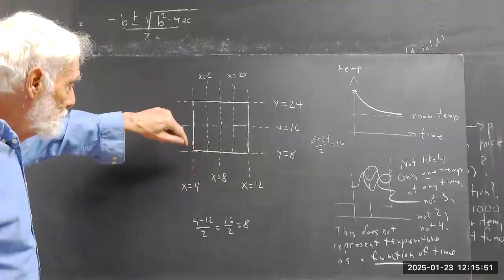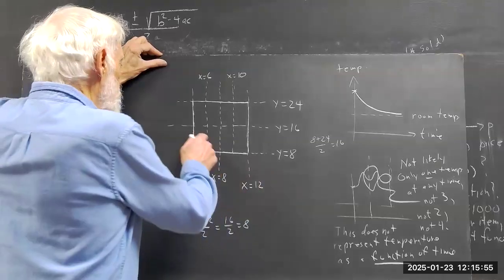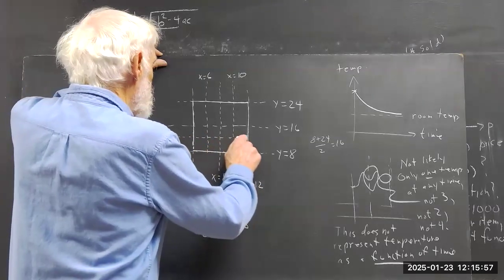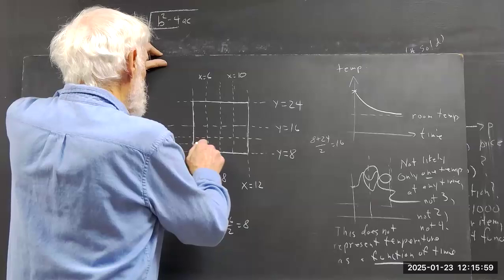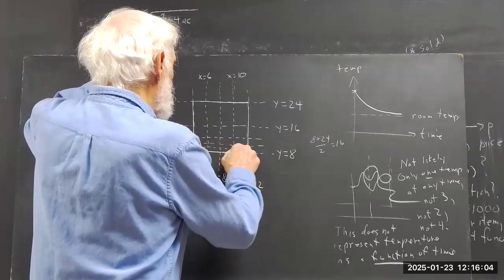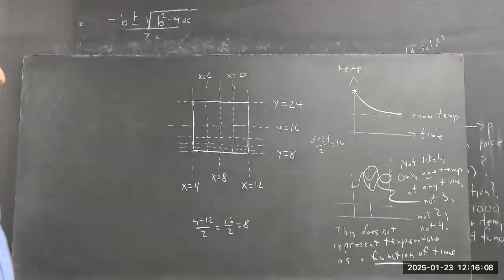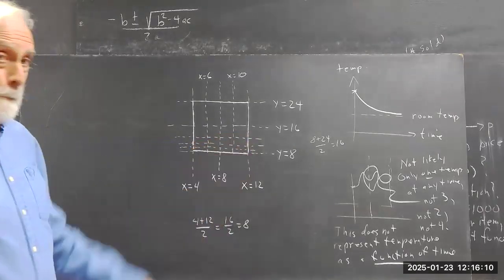Okay, and then we could do the same thing here. Now, let's say that we're doing the exponential graph. Now, there are three numbers here.